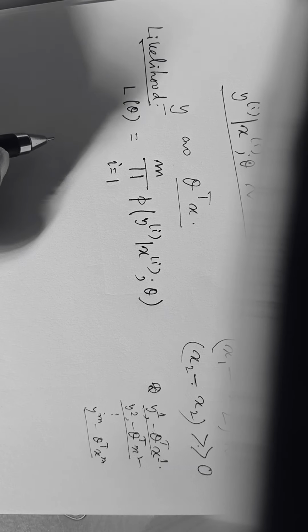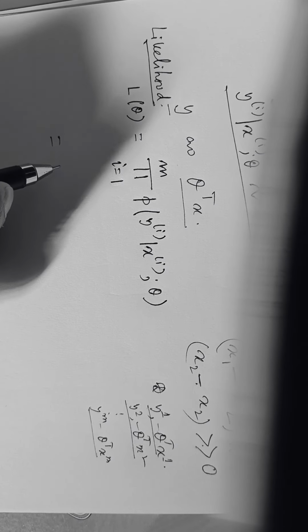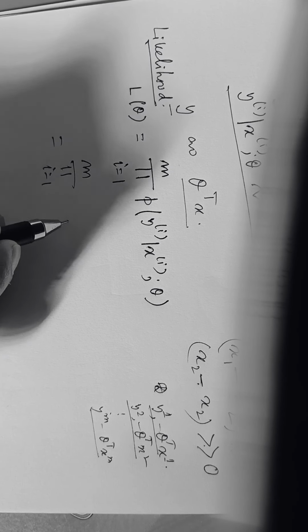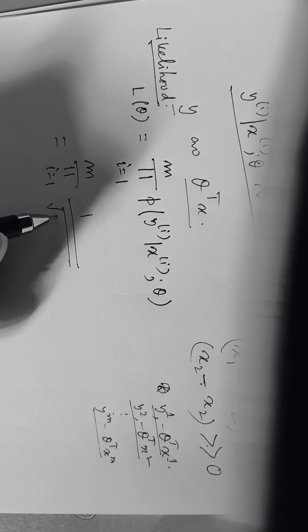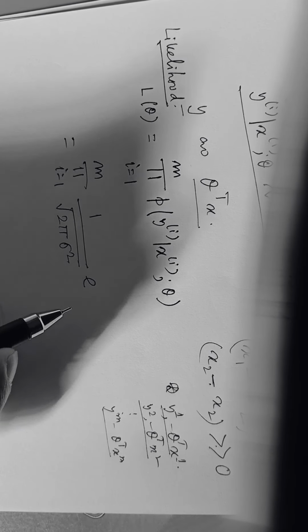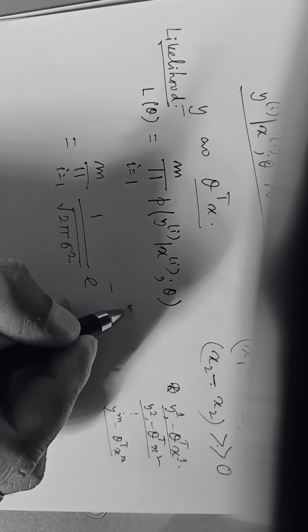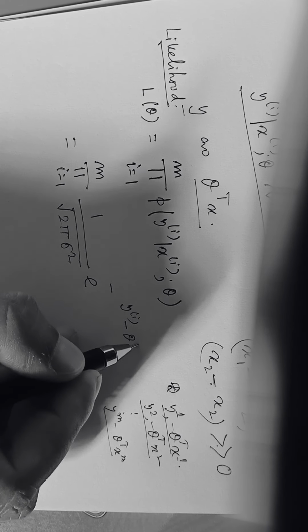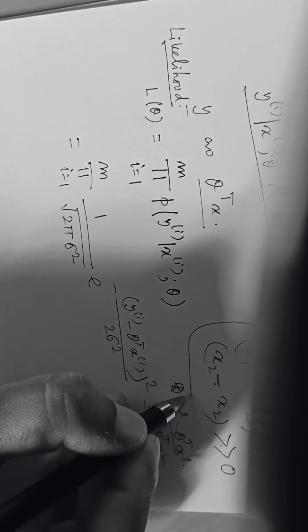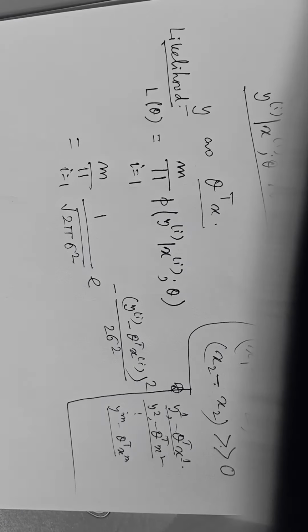Replacing this value, that will be equal to the product from i equals 1 to m of 1 by root 2 pi sigma square e to the power minus y minus theta transpose x the whole square by 2 sigma square.